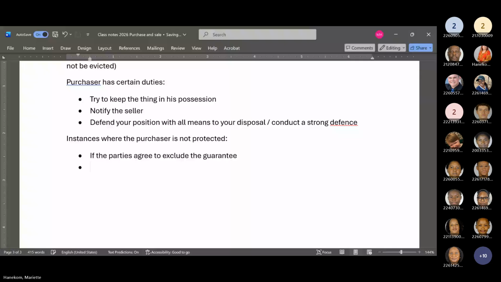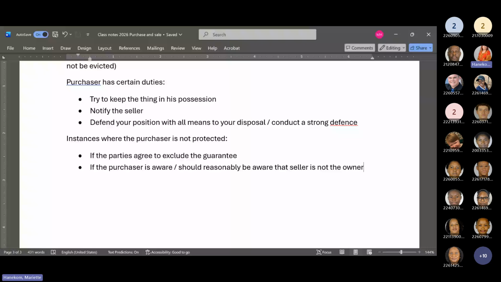Also, if the purchaser is aware or should reasonably be aware that the seller is not the owner, then obviously that's the general concept of you cannot approach the court with dirty hands.